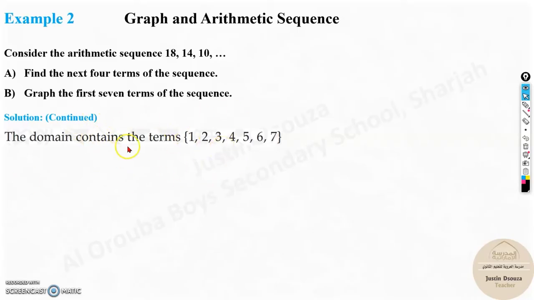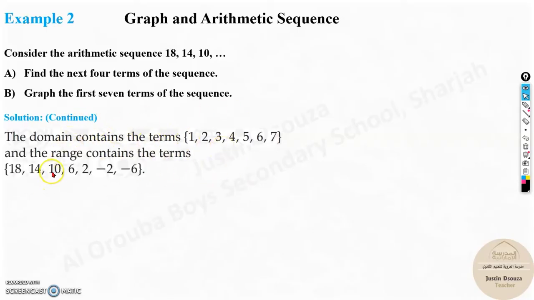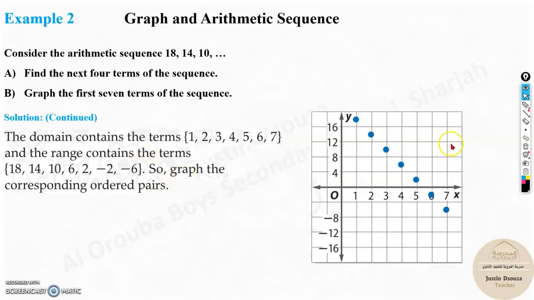After that, what you do is find the range. The range is these numbers, the sequence 18, 14, 10, and the next four, whichever we found out. So these are the range. Now, how would you graph these? Very simple. See, the domain is 1 over here, so take 18.